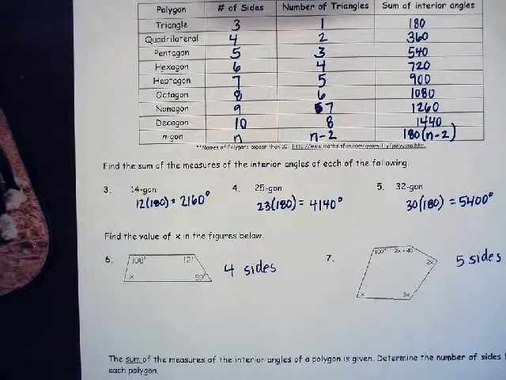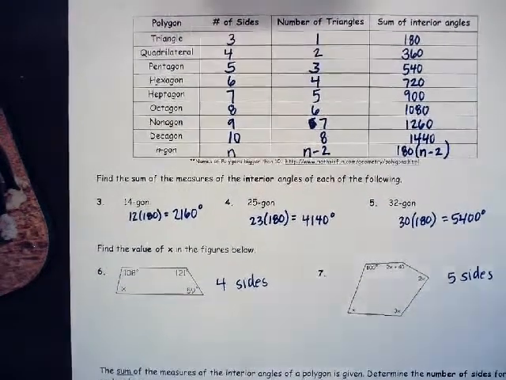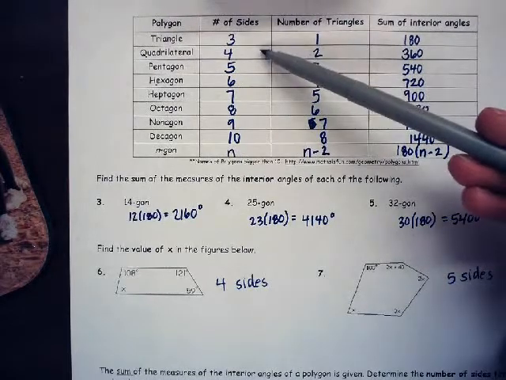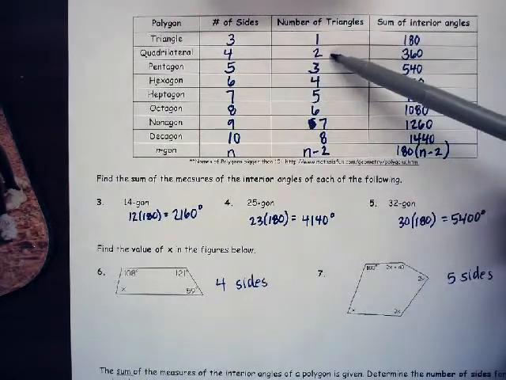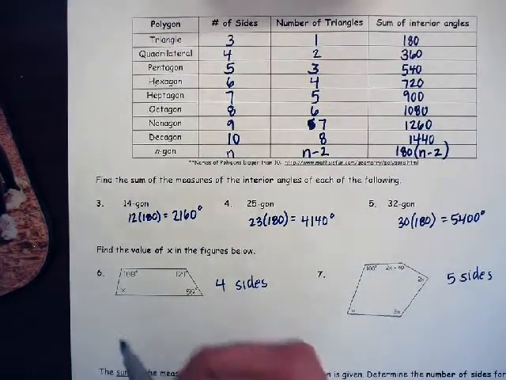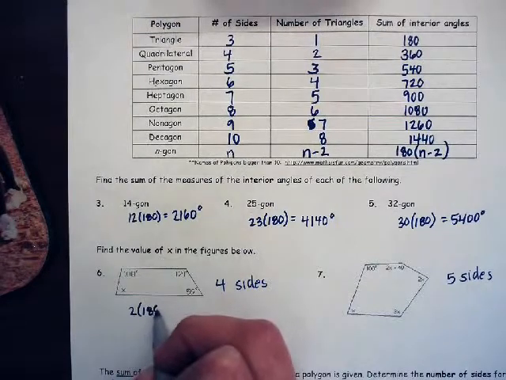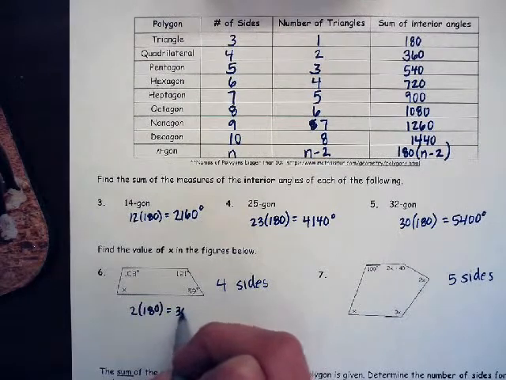Okay, hopefully y'all did it. If we have a four-sided figure, if we have to cheat and look back up at our chart, if we have four sides, remember that the number of triangles is going to be 2 less, and I times that by 180. So all of these numbers should add up to 2 times 180, which is 360.